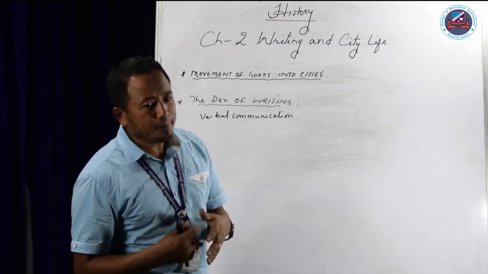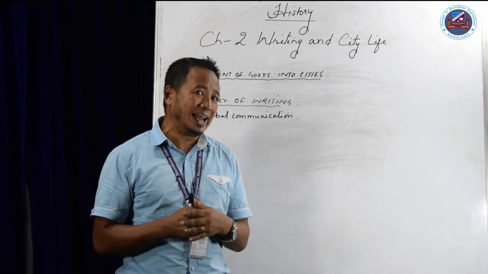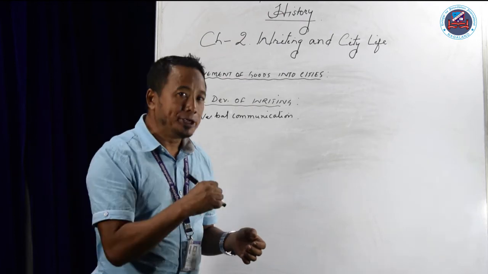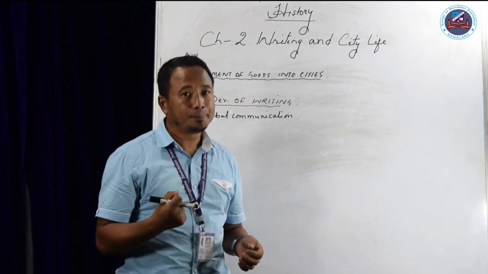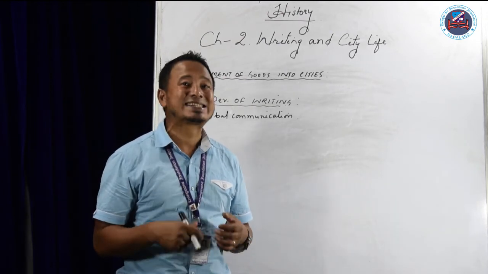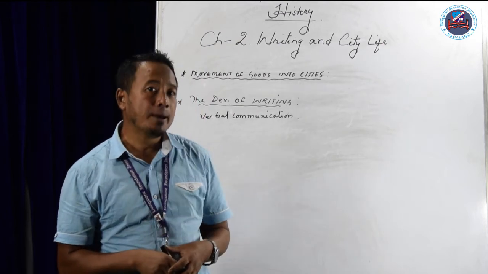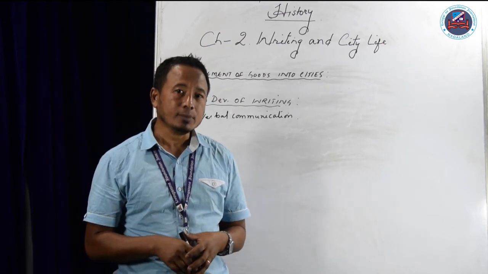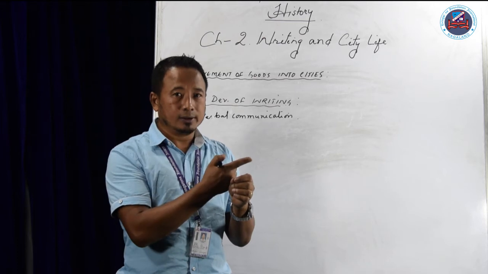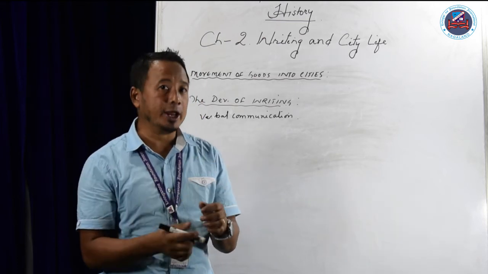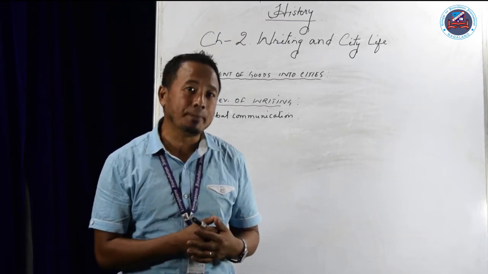The Mesopotamians wrote on clay tablets by using what? By using the stem of the reed plant. They would cut the stem of the reed plant and use it as writing material.